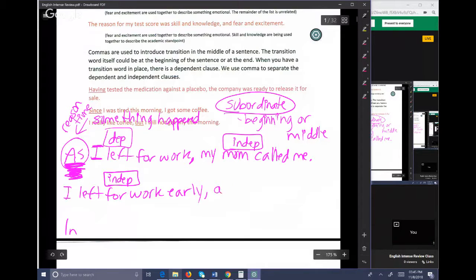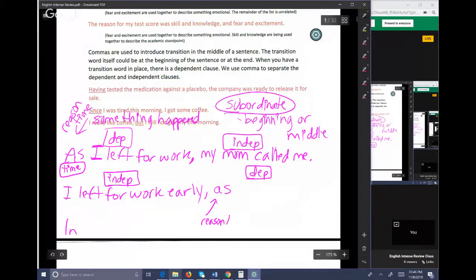If that's not my point, then I can modify, and again, we're going to use "as." So I could also put "as" right here, and again, there's going to be a comma because there's going to be an independent and a dependent clause because of the presence of this word. This time, though, the dependent is going to be the second clause, but similarly to the first situation, the dependent clause is the one the conjunction is in. So in this case, "as," instead of giving time, so here we were using "as" like at the same time, here we're going to be giving reason.